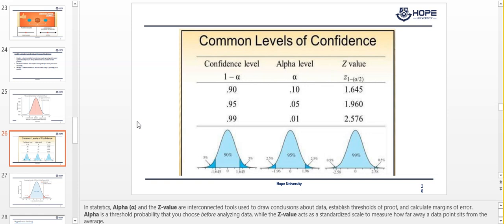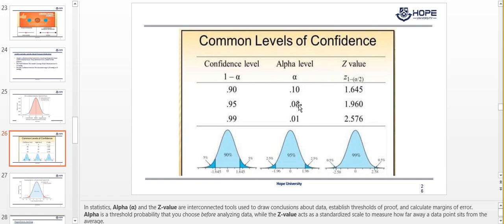We can say 1 minus alpha, where alpha is the significance level, which is the amount of error in your confidence. For example, if I say I have 95% confidence, that means the missing 5% is the error.